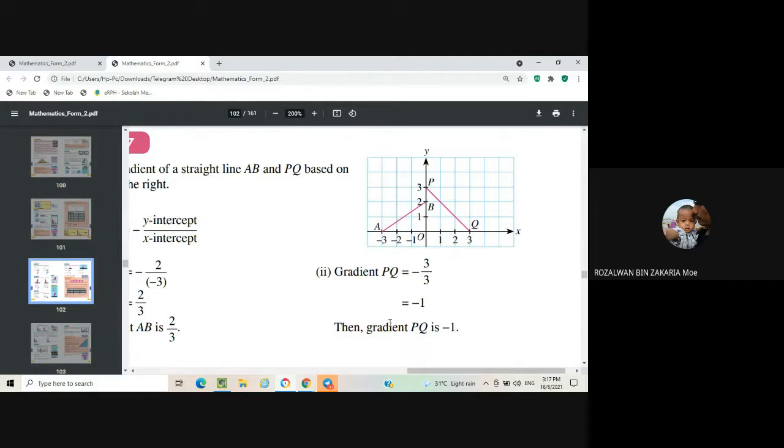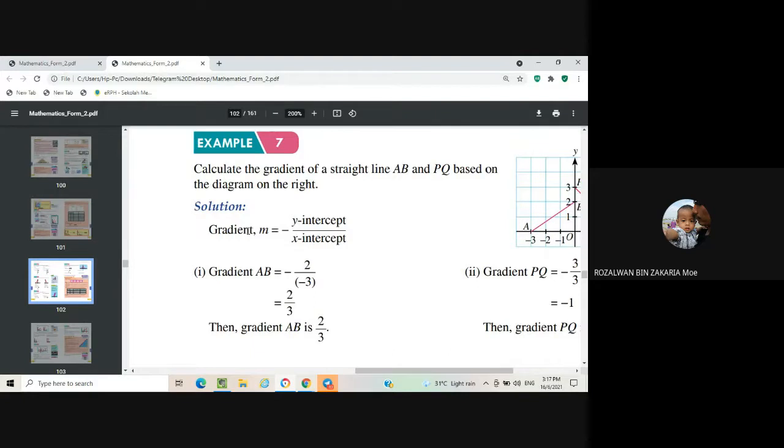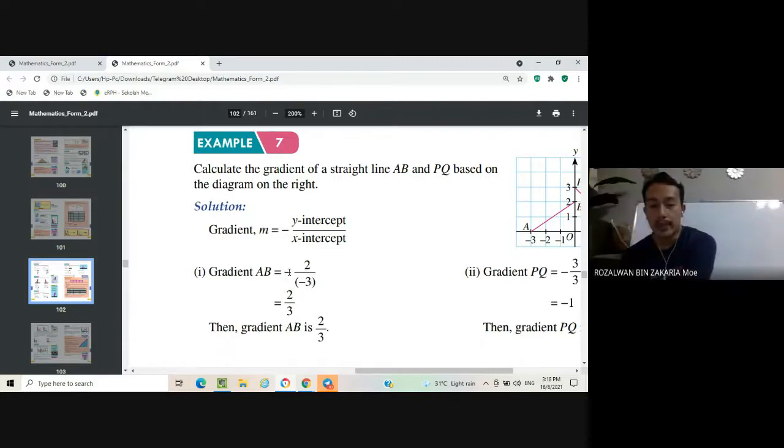Use the formula: the symbol for the gradient is a small m, equal to minus y-intercept divided by x-intercept. So the gradient AB equals minus y-intercept, which is minus 2, divided by x-intercept equal to minus 3. Minus divided by minus equals positive, so the answer is 2 over 3.